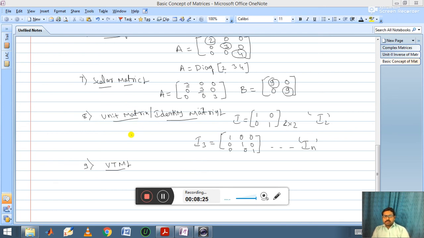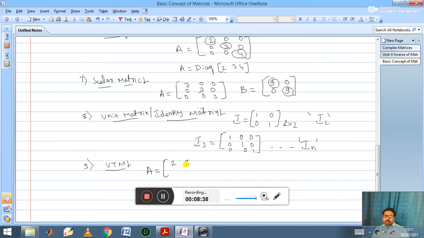Let us take the symbol A. Matrix A equals 2 3 4, second row elements 0 5 6, third row elements 0 0 7.